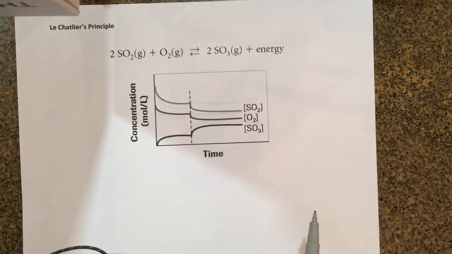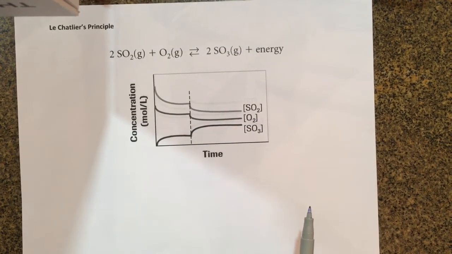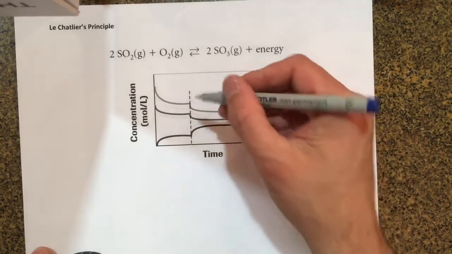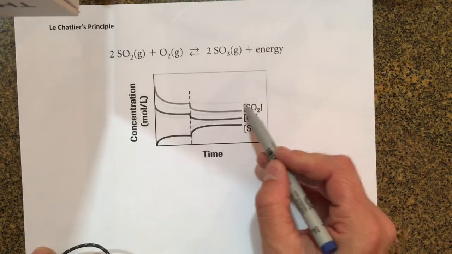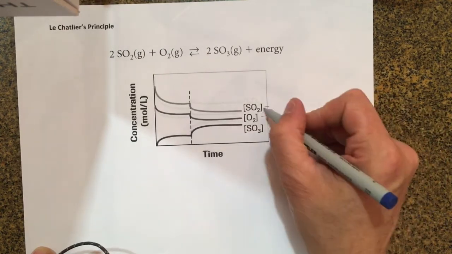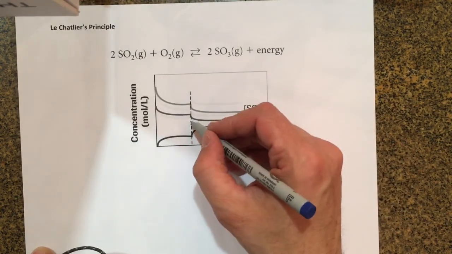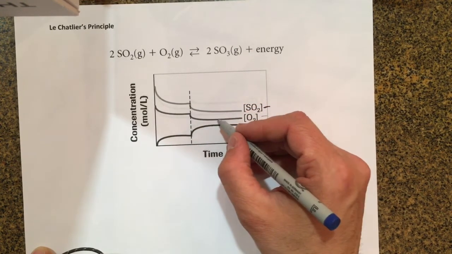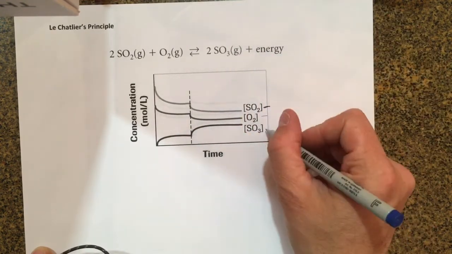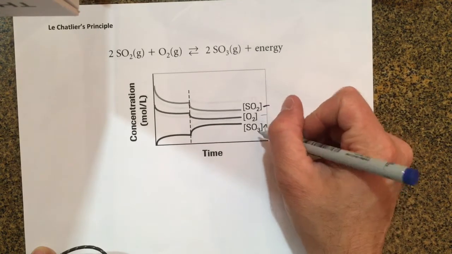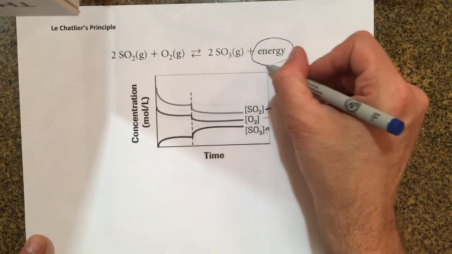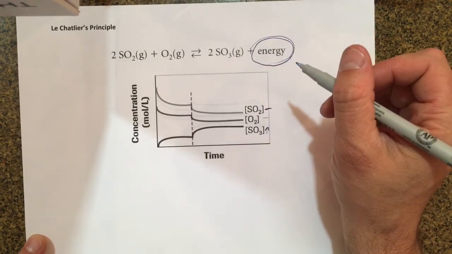If instead we had a graph that looks like this, you can see that in this case the reactants, which are here and here, at equilibrium are suddenly starting to be used up, and the products are being increased. And so in this case, what this suggests to me is that the energy here is being removed.